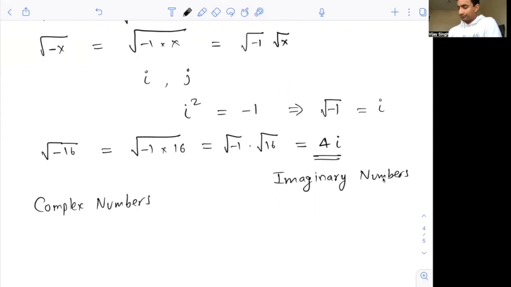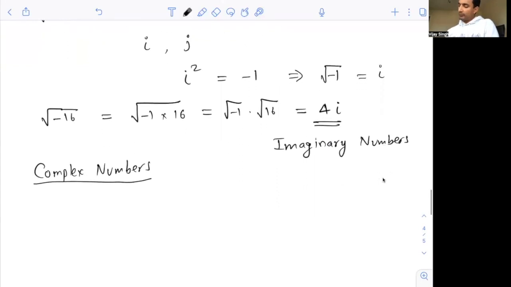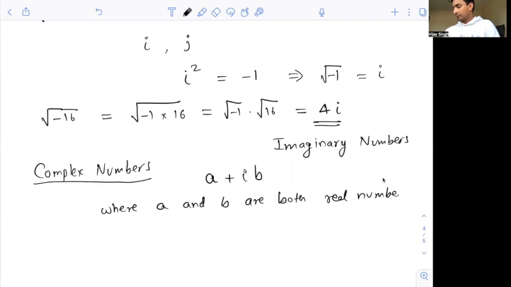Complex numbers. So complex numbers are numbers that can be written in the form a plus ib, where a and b are both real numbers, and i squared equals minus 1.